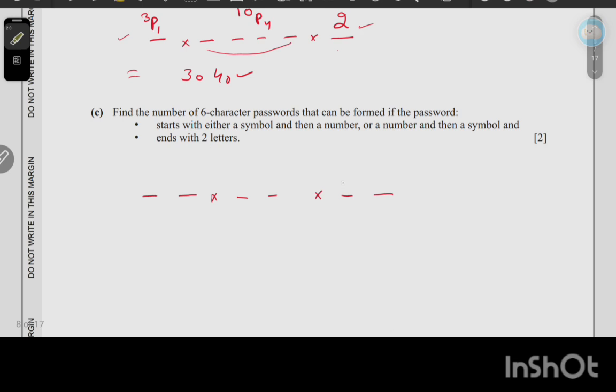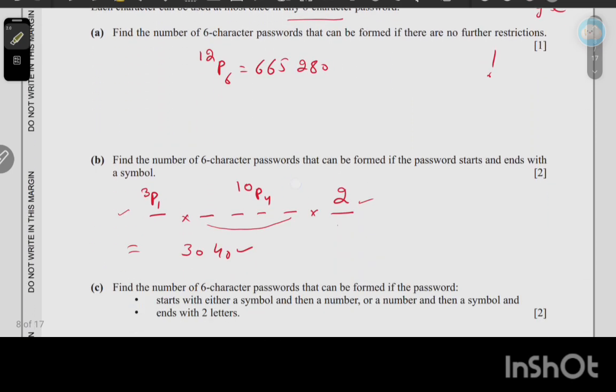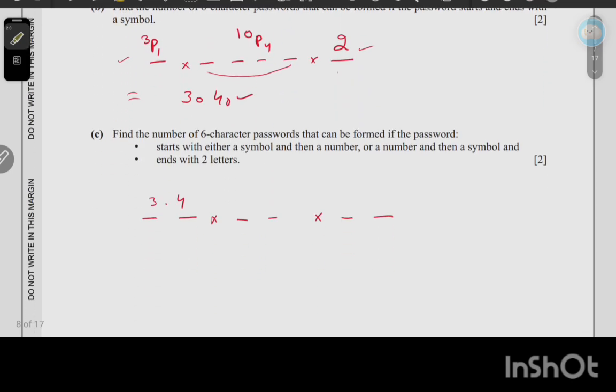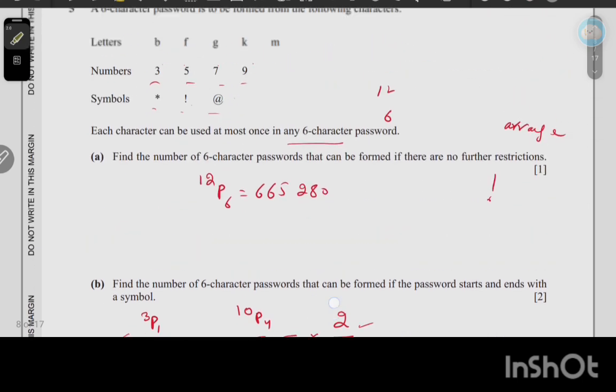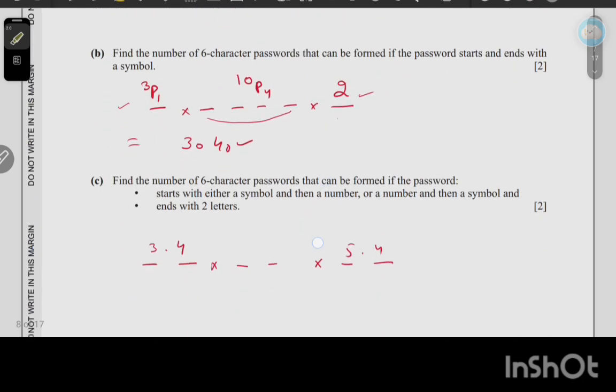So there are two positions at the start from the numbers and symbols, 3 4, because we have 3 symbols and 4 numbers, and end with the two letters, so letters will be 5 4, because we have 5 and 4.